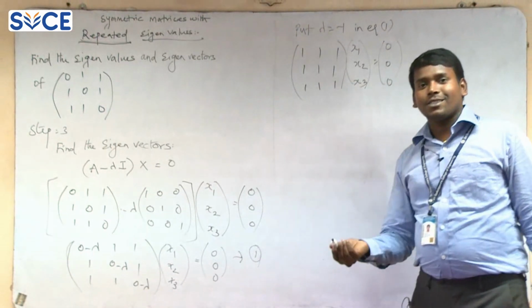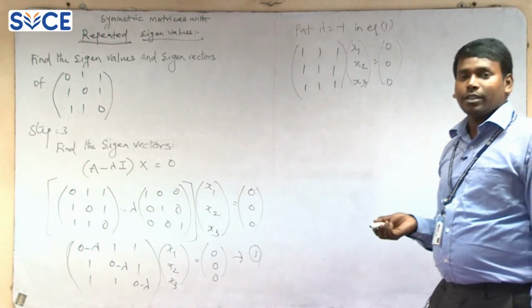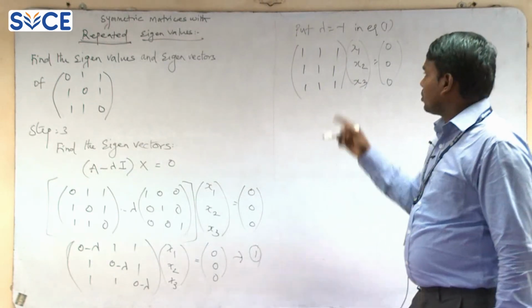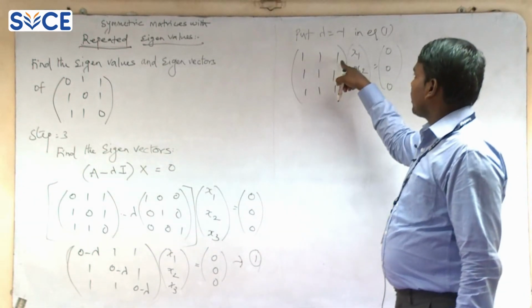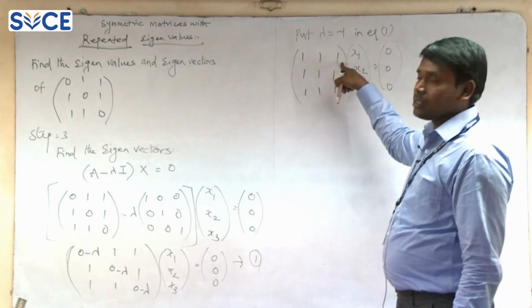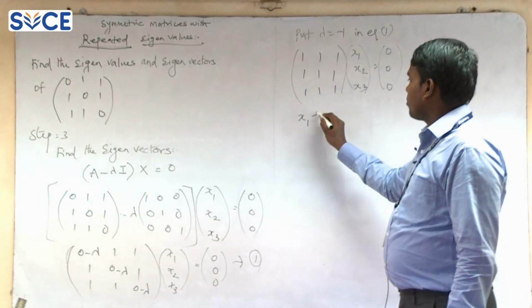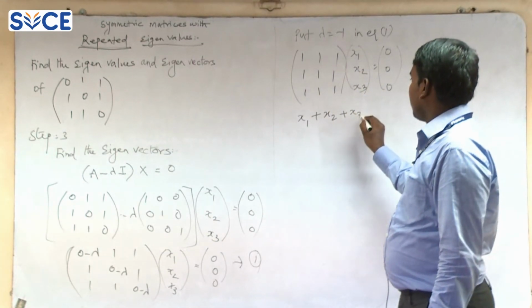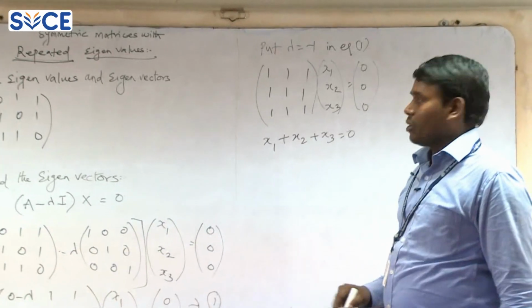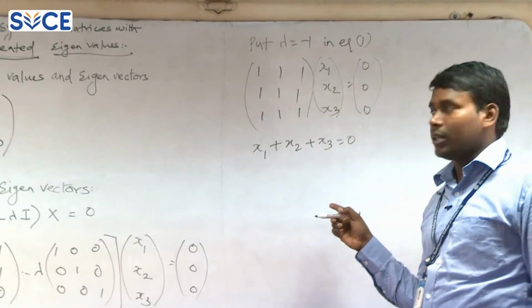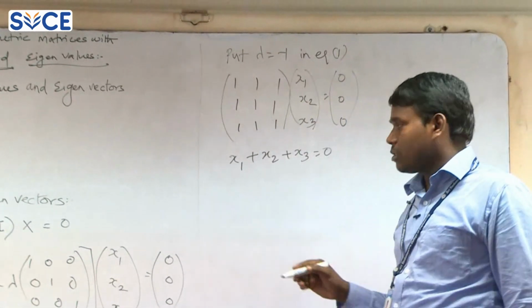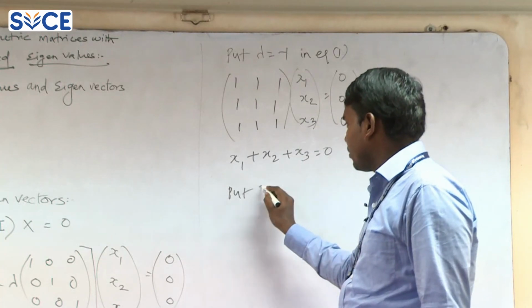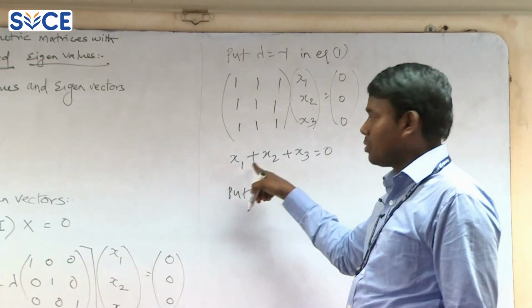Here all the equations are the same, and we know how to find the eigenvector. I am taking the first equation, that is x1 plus x2 plus x3 equal to 0. If eigenvalues are repeated, put x1 equal to 0.